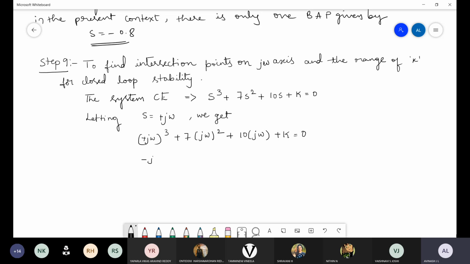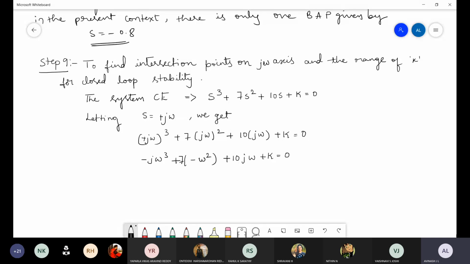You will get minus j omega cube, because j square is minus 1, and minus 1 into j is minus j. Then 7 into minus omega square, because j square is minus 1, plus 10 j omega, plus k equal to 0.